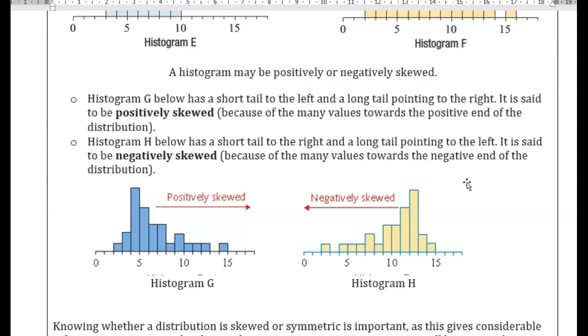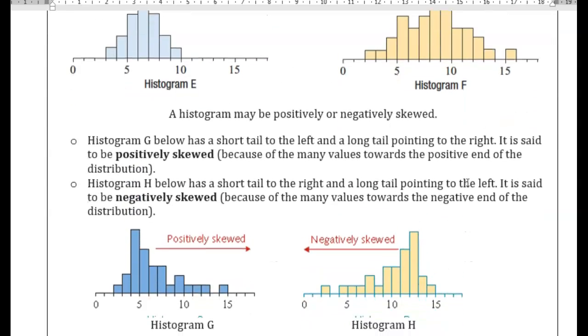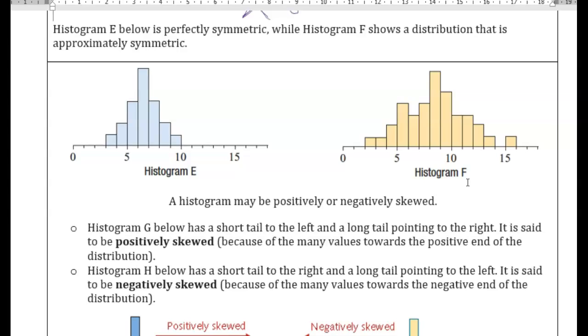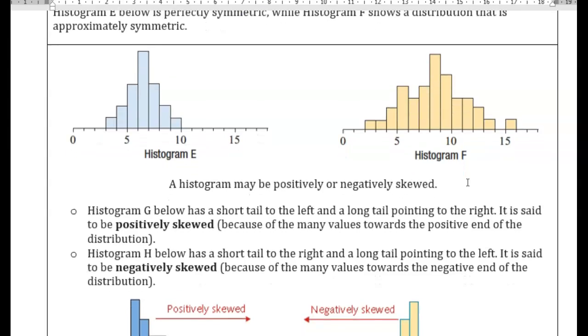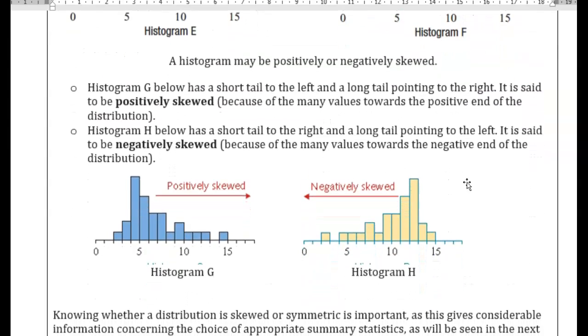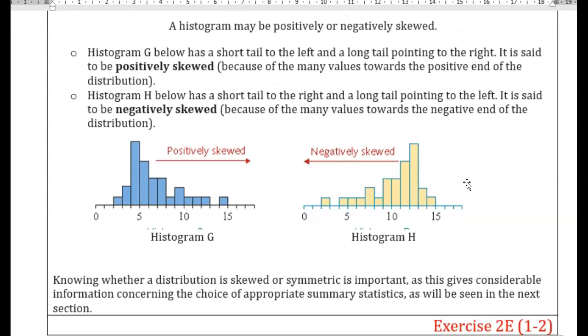Now, if it was skewed, so it wasn't negatively skewed, let's rewind that. If it's not symmetrical, like it is in E and F, sorry, I was just reading as I was talking, it's either positively skewed or negatively skewed.